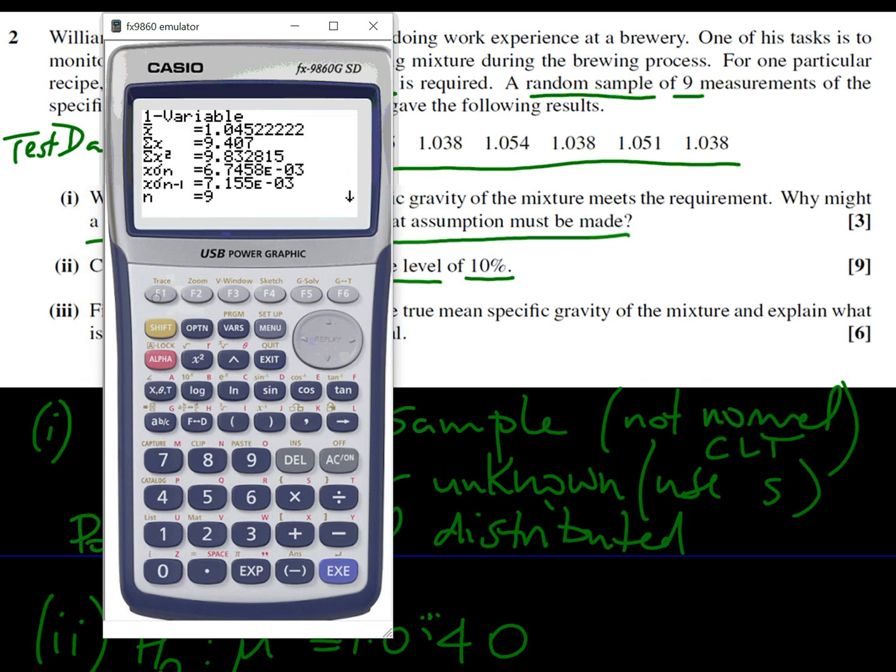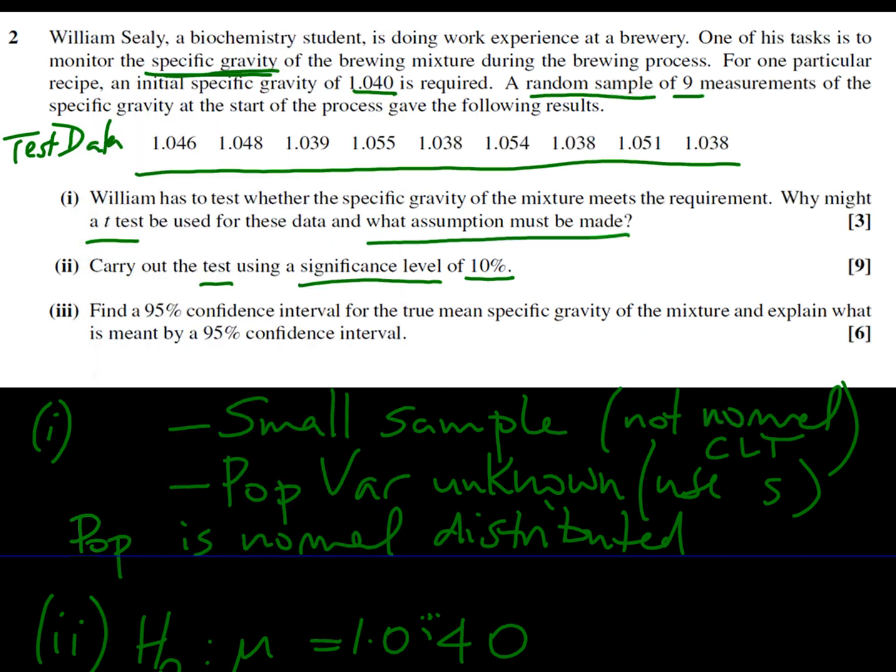Then we're going to get the calculator to work out our statistics. So we've got a mean there of 1.0452, that's our x bar. We've got an n of 9, that's what we're expecting, and then I've got x sigma n minus 1. On your calculator, you might just show an s, and that's 0.07155.